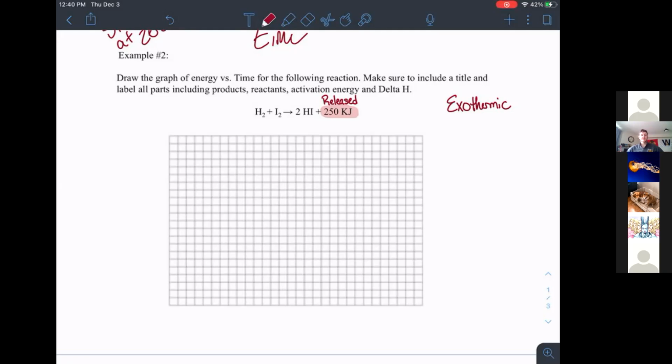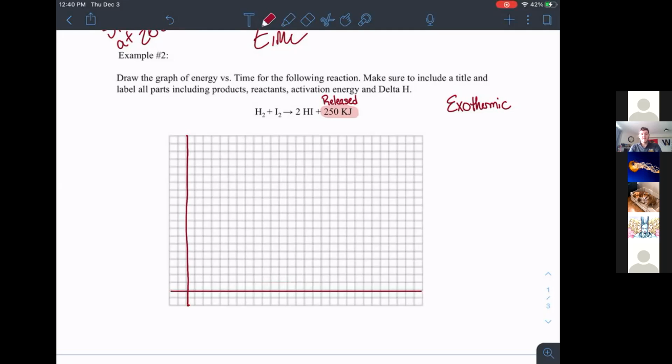All right, ladies and gentlemen, can anybody tell me a step that they took to try and graph this problem, example 2? What's the first thing I should do? Label your X and Y. So you're making our X and Y axes. We're going to label those axes.